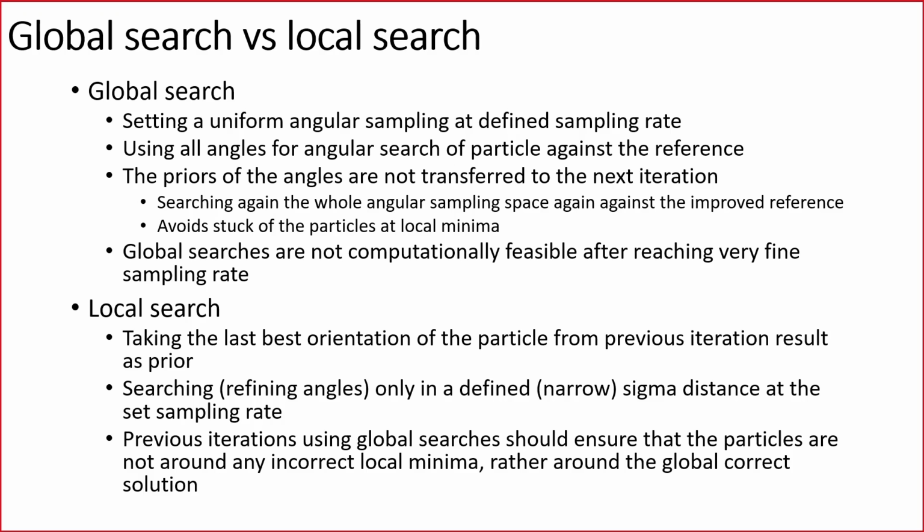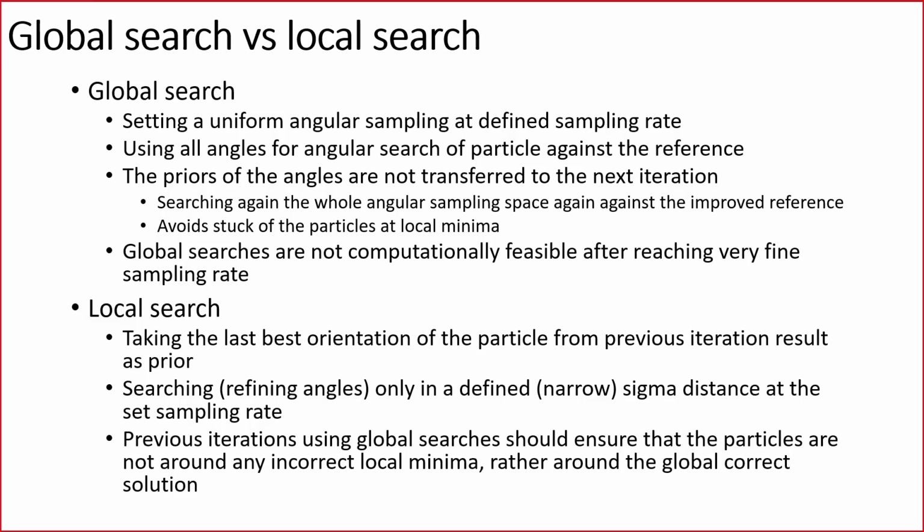There is something that's good to know: for our 3D refinement, we can do global and local searches. Both of these searches are important because for global searches, you can think about the sphere where we set up a uniform angular sampling at a certain sampling rate, for example, 30 degrees, and for every single particle we are checking in these angular samples how well they are representing our model.